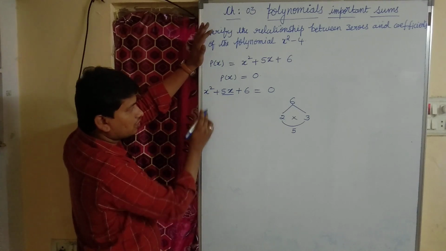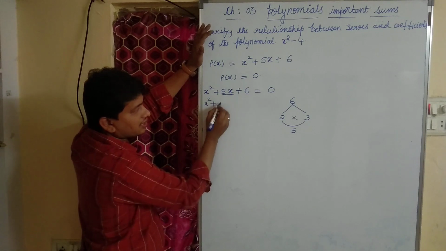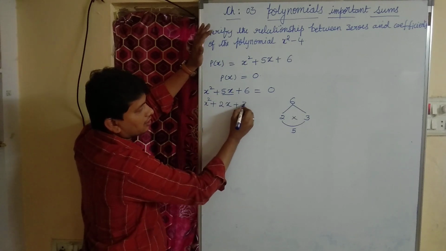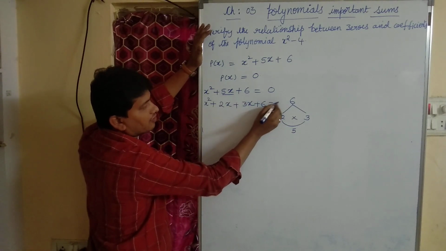Okay children. So first of all, write down x square as it is. As this 5x, I can write as 2x plus 3x, plus 6 equal to 0.